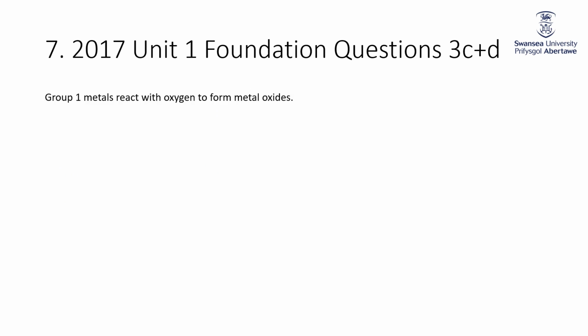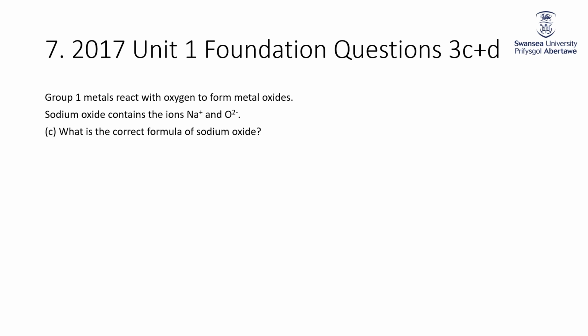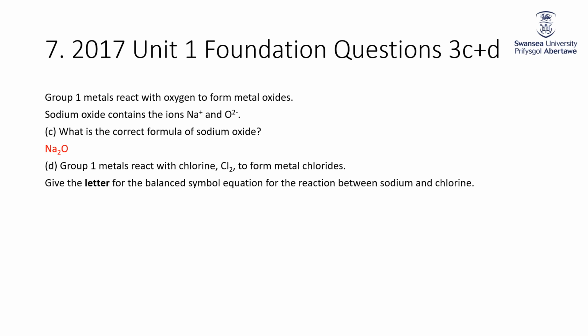Question 7 asks about group 1 metals reacting with oxygen to form metal oxides. So sodium oxide contains the ions Na+ and O2-. So what is the correct formula of sodium oxide? That would be Na2O. And then group 1 metals react with chlorine to form metal chlorides.